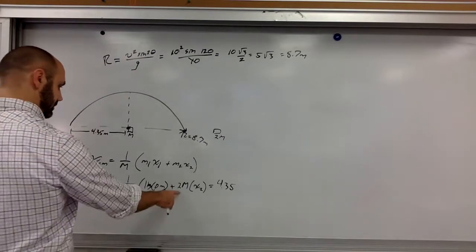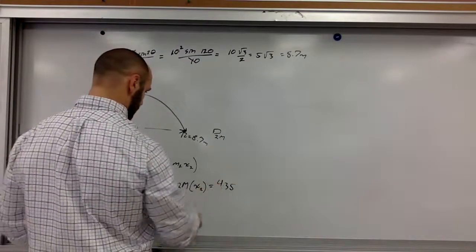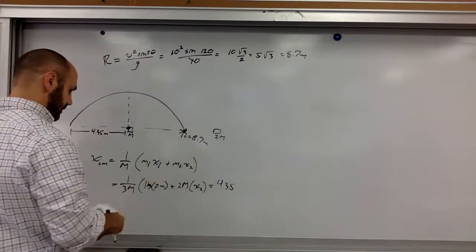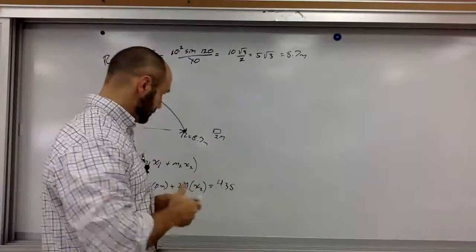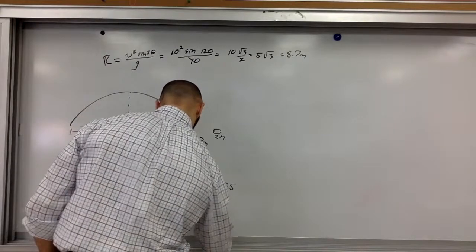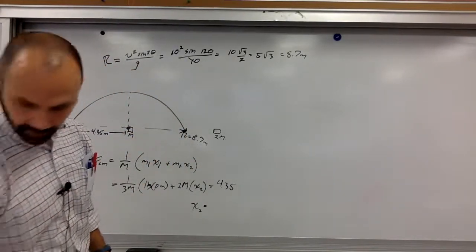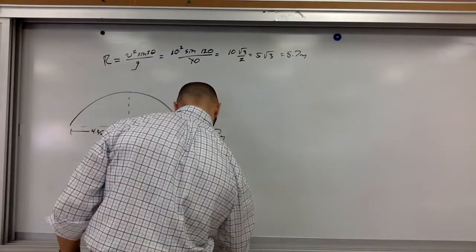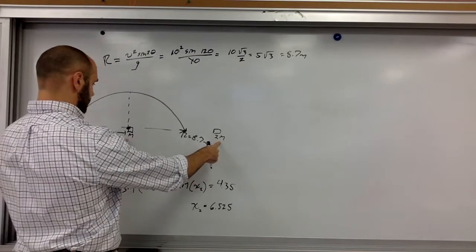So we're going to be taking 4.35 times 3 divided by 2. So when we solve for x2 this way, we end up with 6.525. That means it's 6.525 from here.